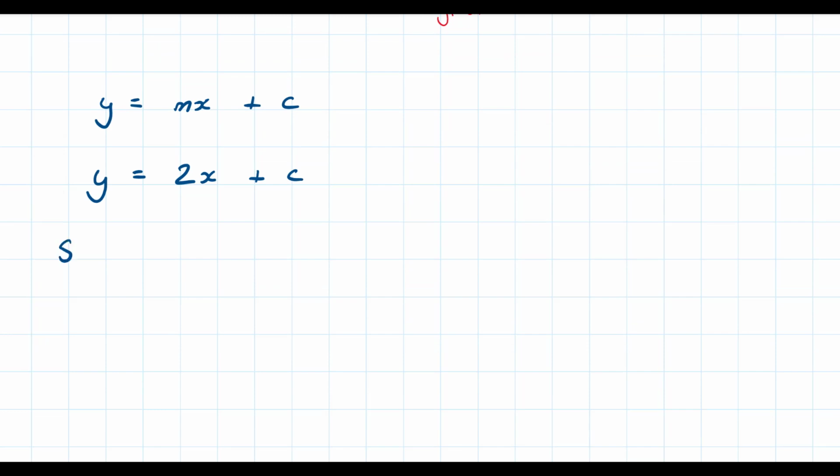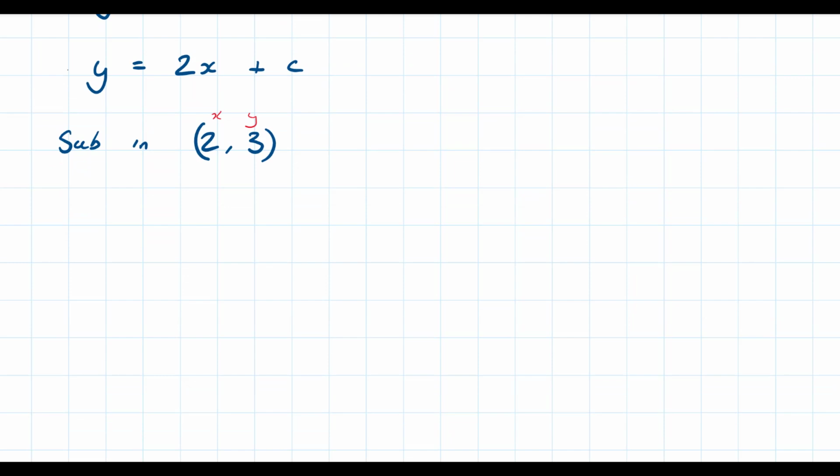So what I'm going to do is sub in (2, 3). Now remember, when I say (2, 3), the 2 is an x-coordinate and the 3 is a y-coordinate. So in this equation, I am going to replace the y with 3 and replace the x with 2, because it tells you that x is 2 in here. So 2x would be 2 times 2, which is 4.